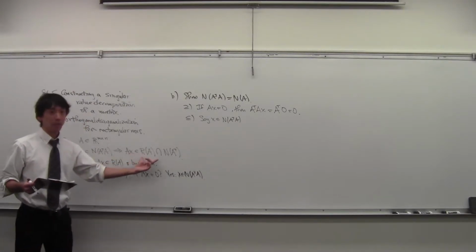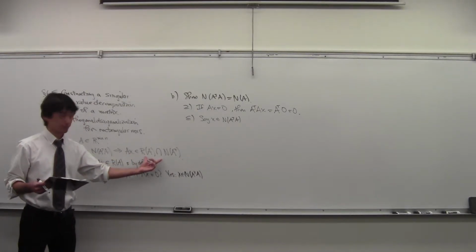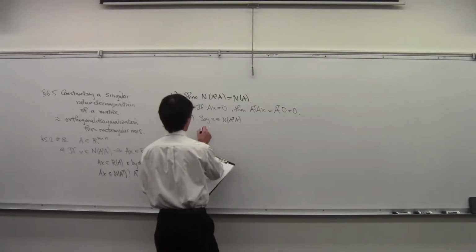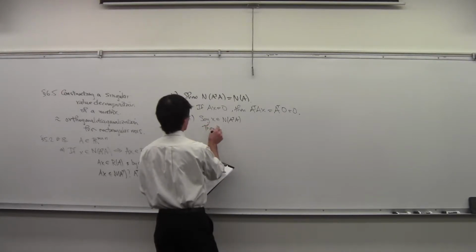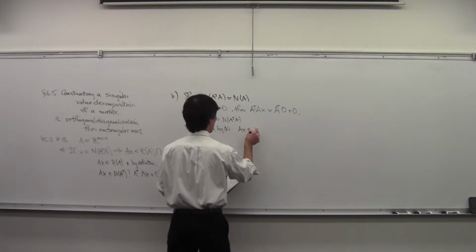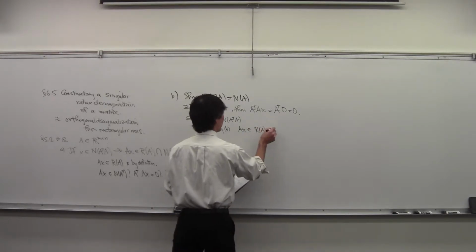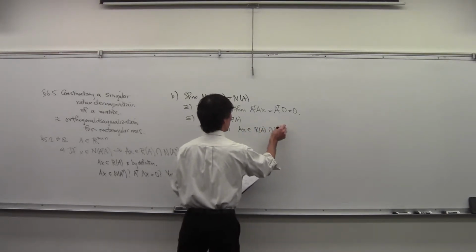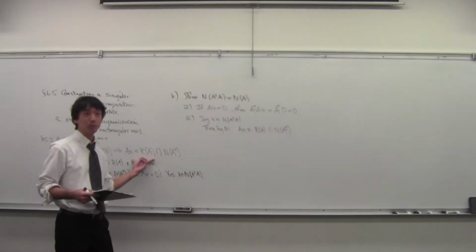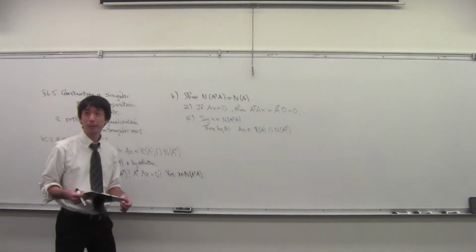Well, we just got something: then by part 1, AX is in the range of A, and it's also in the null space of AT. Right? That's what we got. That was the simple thing we got in part 1.